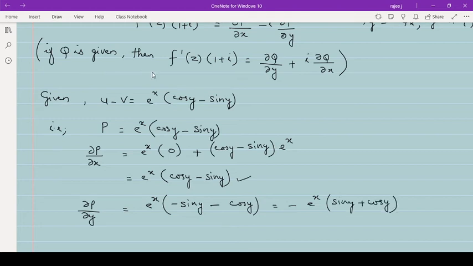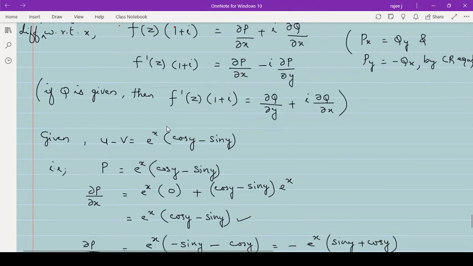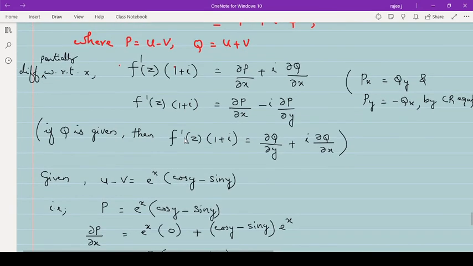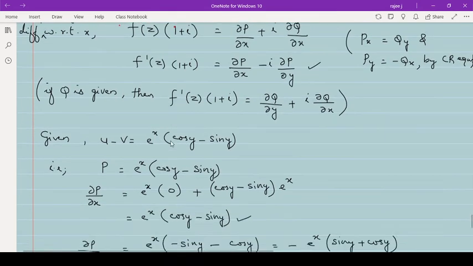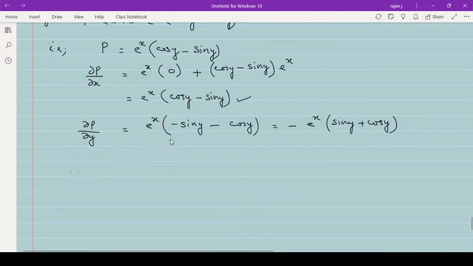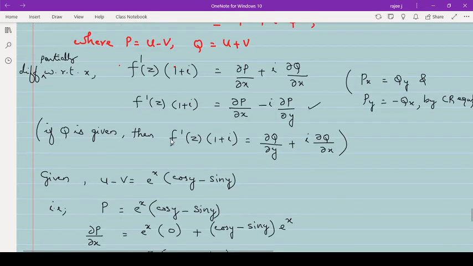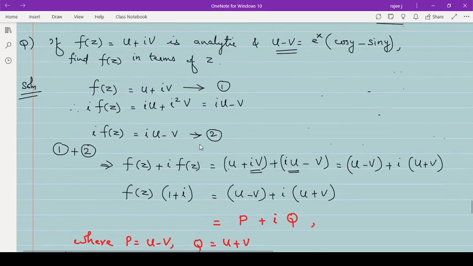So this is p_x and p_y that you got. Which formula will you use, where we have p_x and p_y? See this one. Therefore, f'(z) is equal to (1 + i) f'(z), from, say, we will take this as 3 and this as 4. So in the exam, when you write, what you have to write is this one.